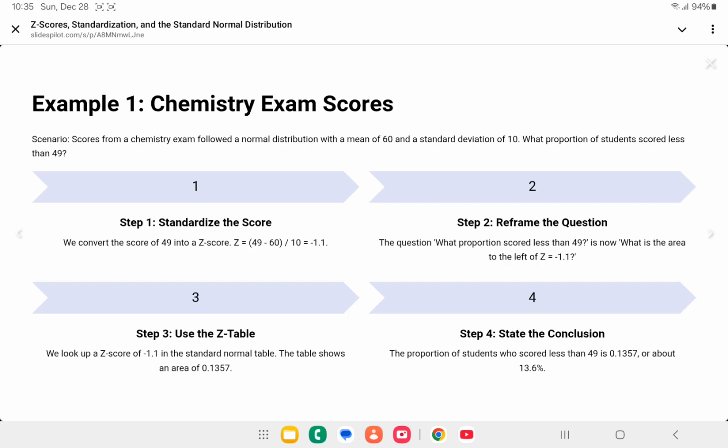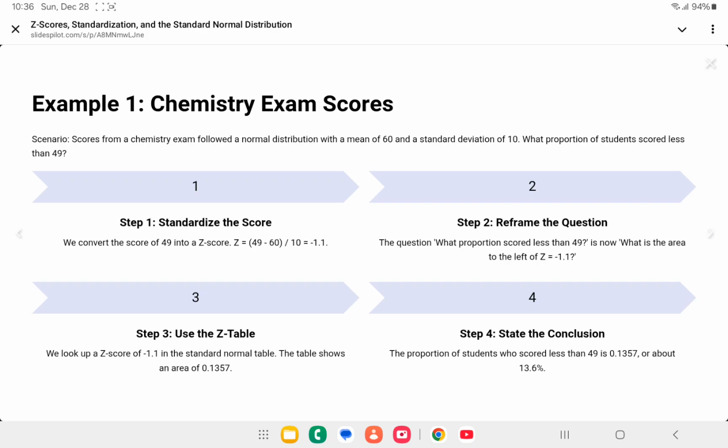And finally, we can use the z-score table to determine how much area is associated with the z-score. According to the table, there's an area of 0.1357 to the left of this z value. This means that the proportion of z less than -1.1 is 0.1357. This value is in fact the same proportion of individuals that scored less than 49 on the exam. As a result, this is the answer.